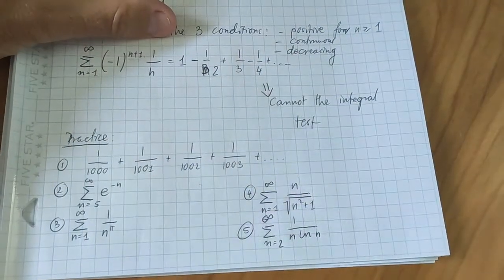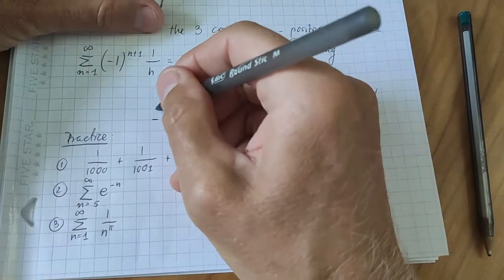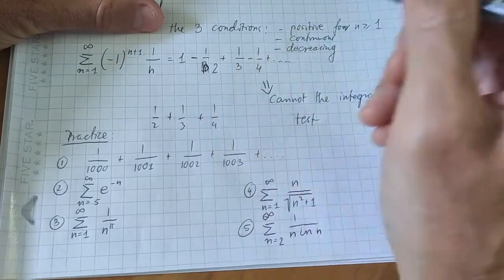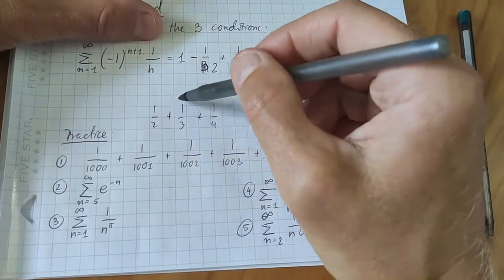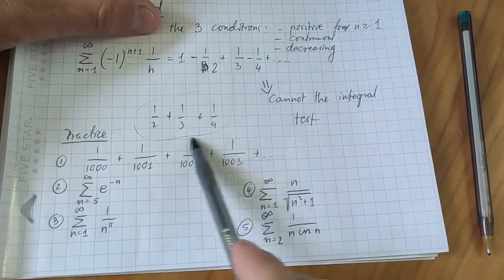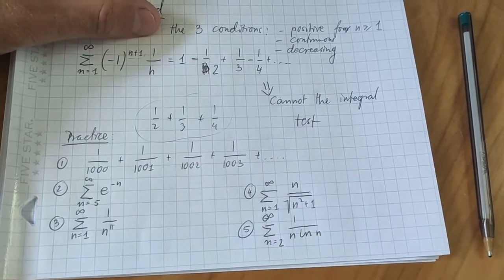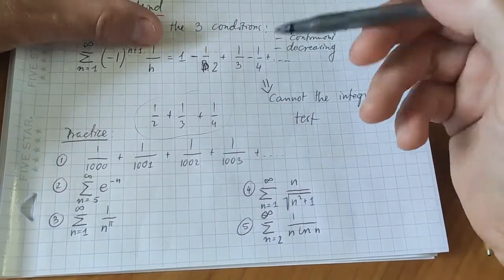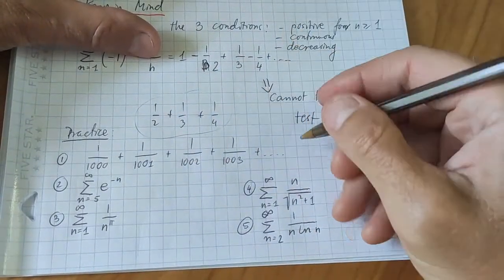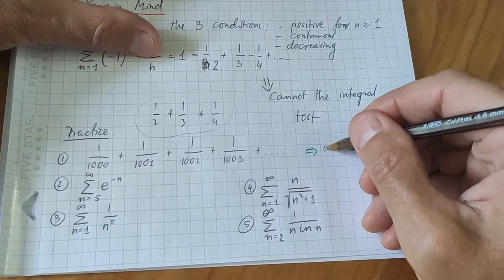But if you look at it closely and compare it to 1 over 2 plus 1 over 3 plus 1 over 4, that was the harmonic series, and you see that this is the same series. This one is just a piece of the regular harmonic series that's just farther away. So since this is a harmonic series and the harmonic series diverges, this diverges.